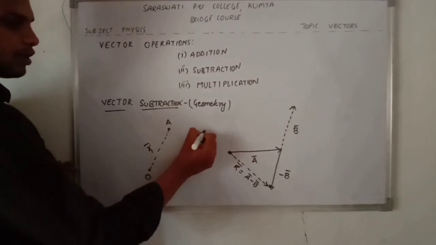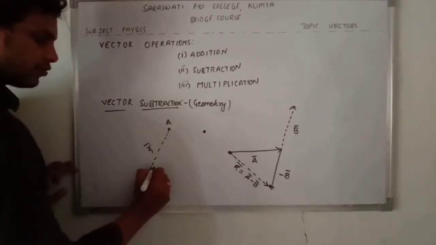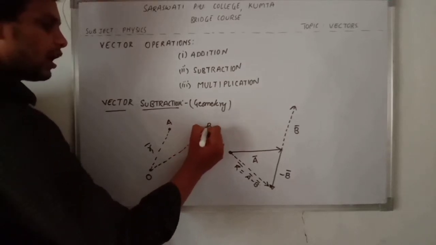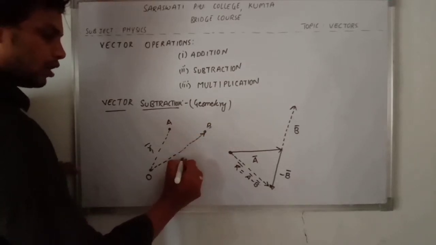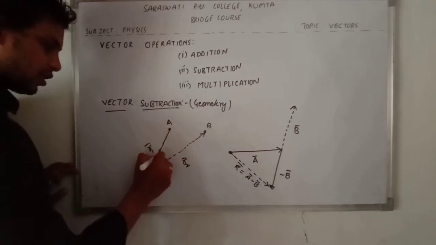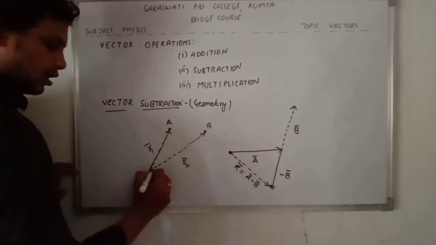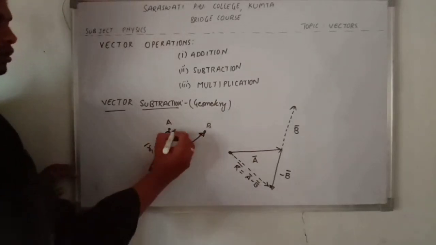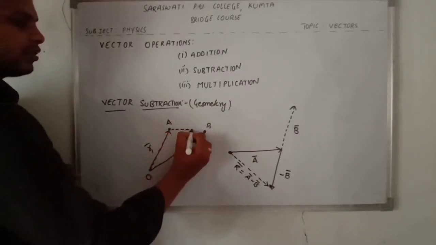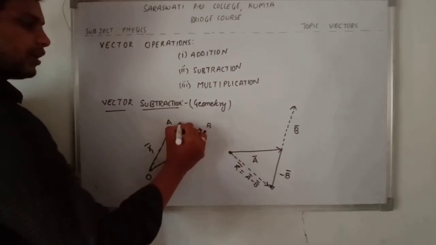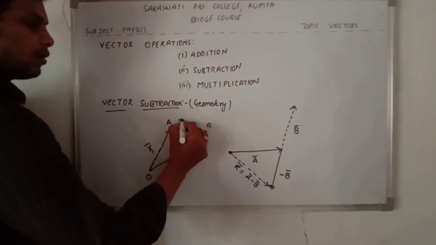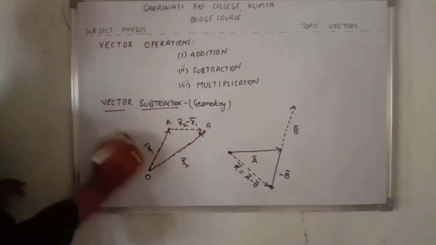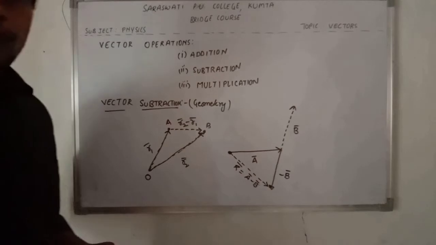I will take another point B, and the vector from O to point B I will take as R2 bar. Now the resultant, this side, I will take as R2 bar minus R1 bar. So this vector minus this vector. I hope you understood.